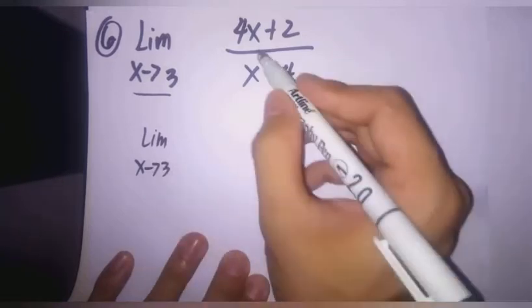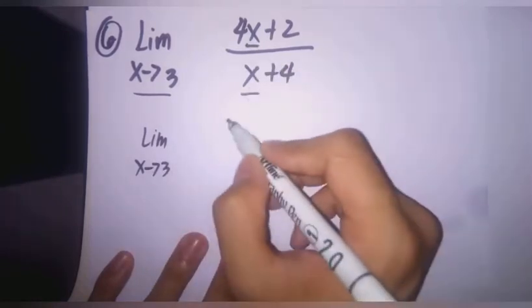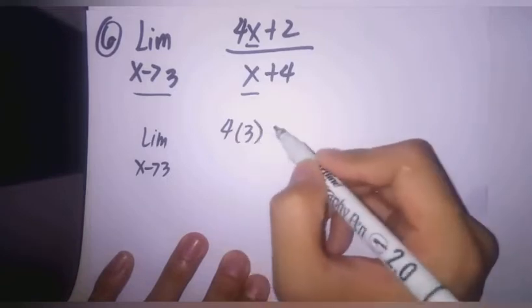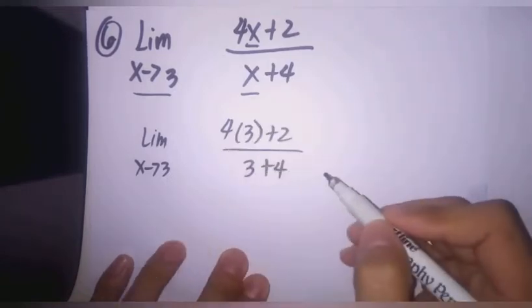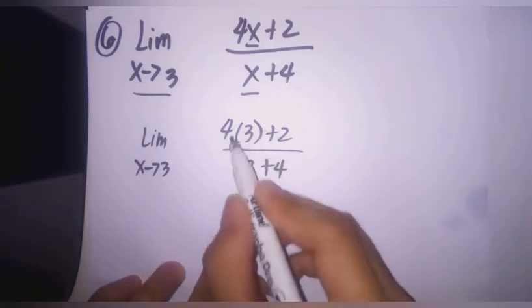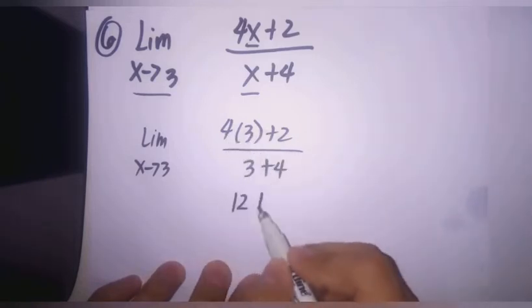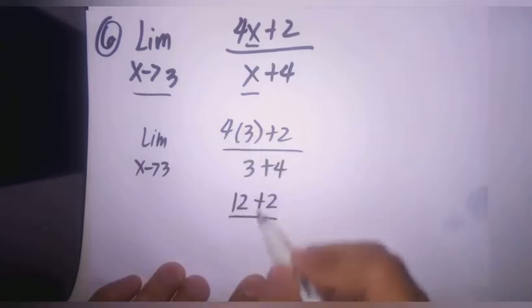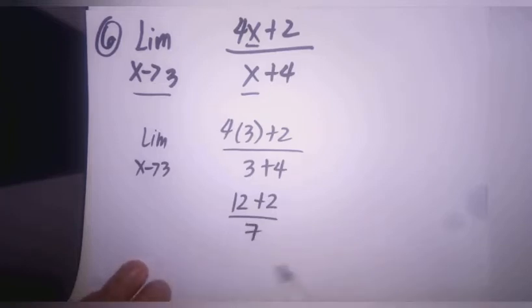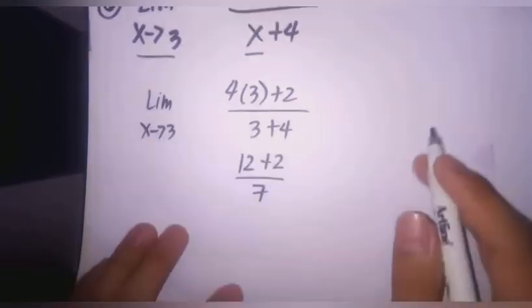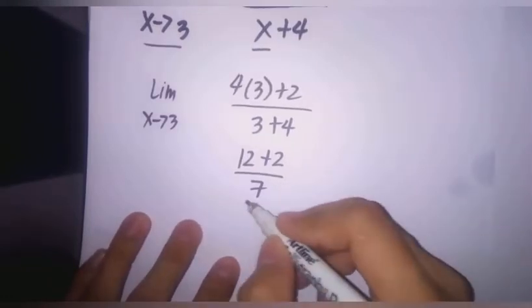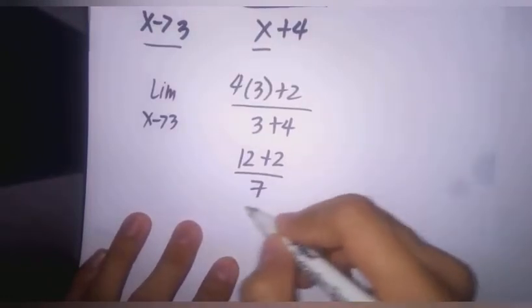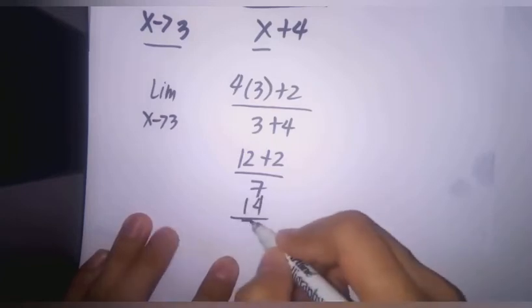Lahat ng value ng x, papalitan mo lang ng 3 kasi nga, yun daw yung nililimits. So, 4 times 3, that is 12 plus 2, and then 3 plus 4, that is 7. So, 12 plus 2, that is 14, then over 7.